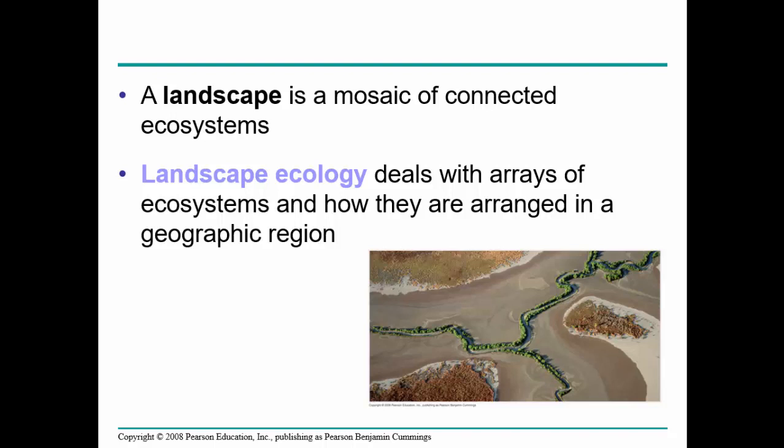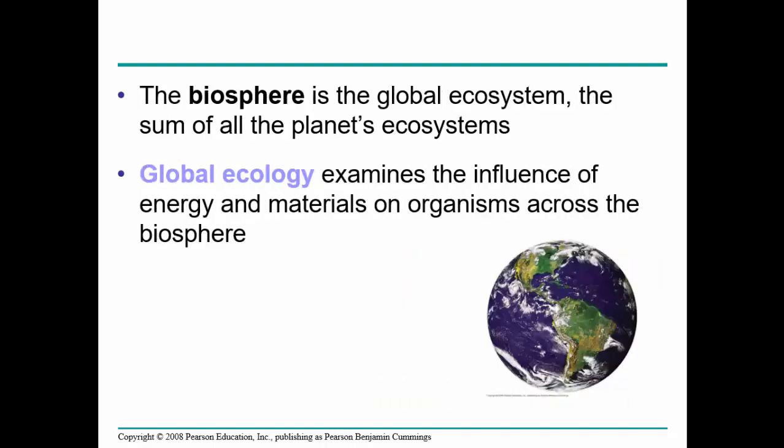So each place has a specific area. That is also a landscape in nature or on our earth. There are so many ecosystems distributed in specific areas, and the study of the distribution of ecosystems in a geographic region we call landscape ecology.